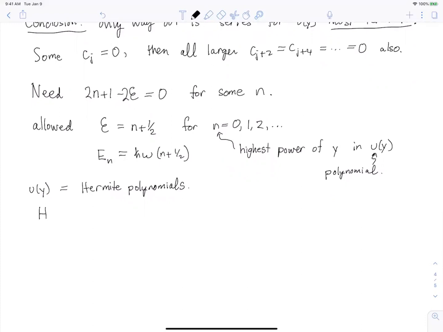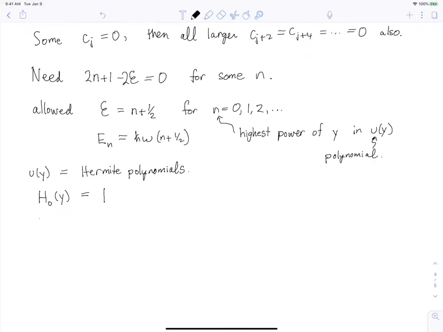So let's look at H0 first. That's a function of y. And that's where we just have the first coefficient is 1, and all the coefficients after that are 0. And we might as well choose that coefficient to be 1, because we're going to choose a normalization for the state ket anyway. And so we can just call this 1.